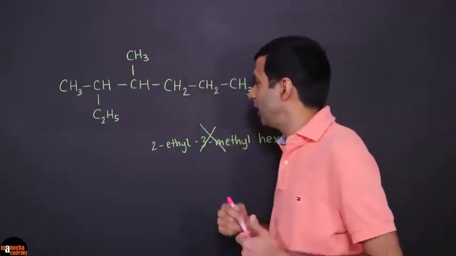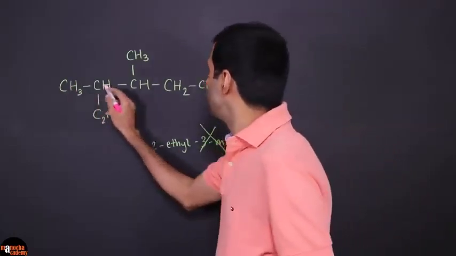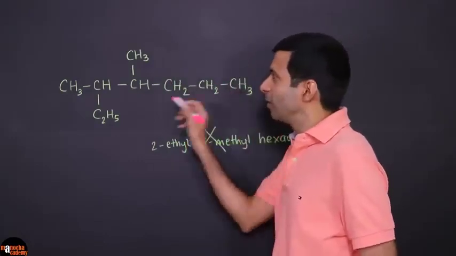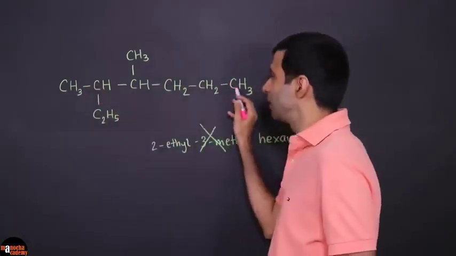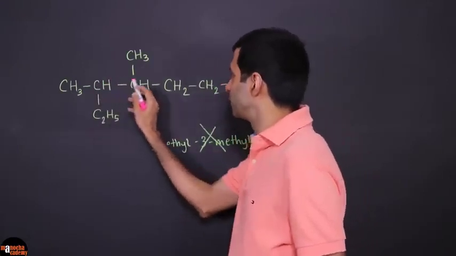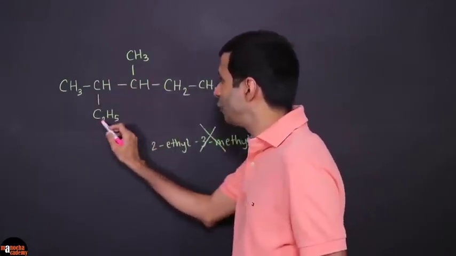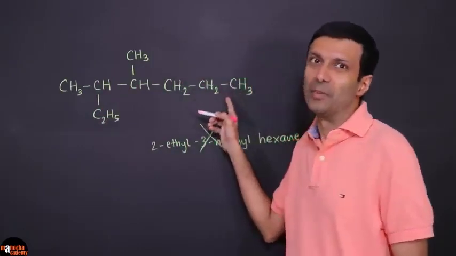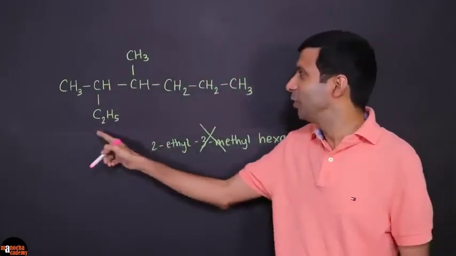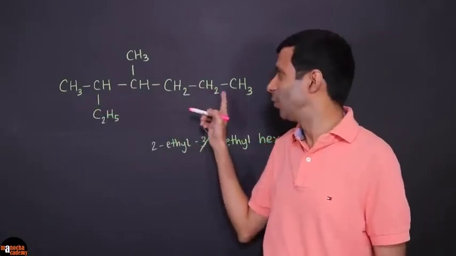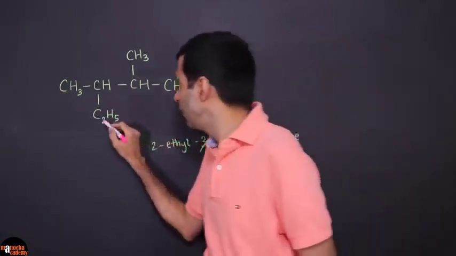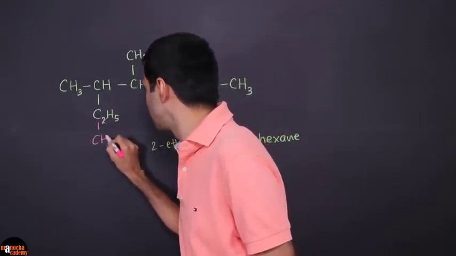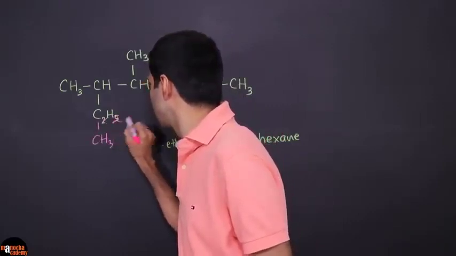So if you look carefully, this is not the longest continuous carbon chain. Why? Because this one has 6 carbons, but if you go like this, then can you see there will be 2, 3, 4, 5, 6, 7 carbons. So the longest continuous carbon chain is this one. So it's easier if we expand this one and write it as, right?